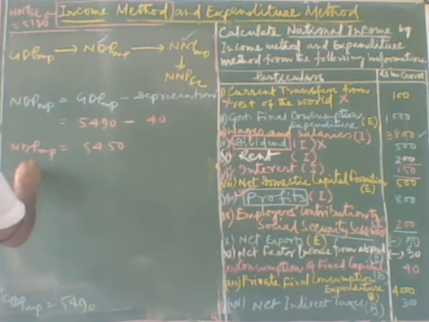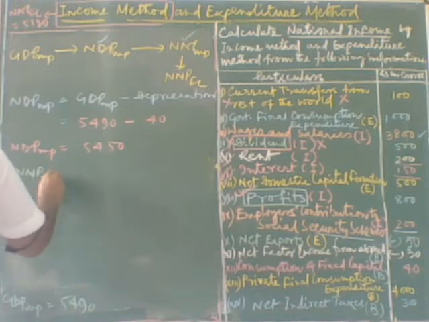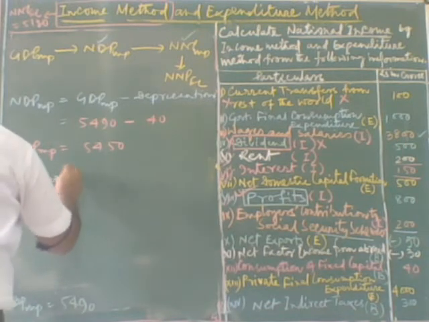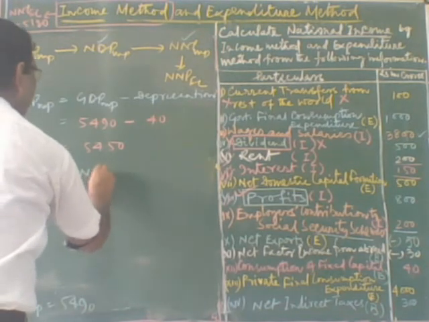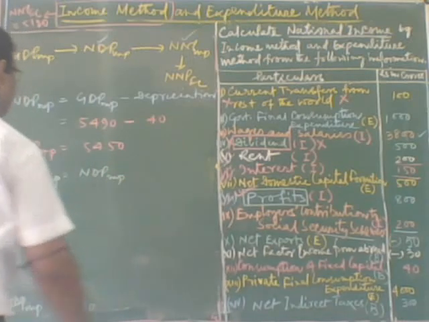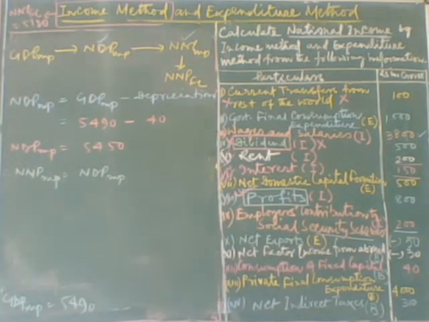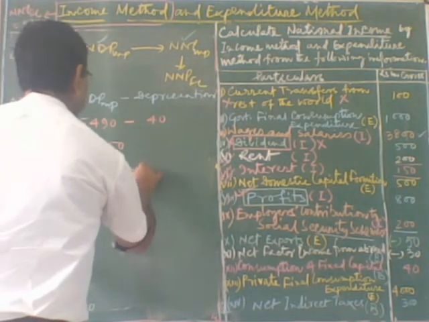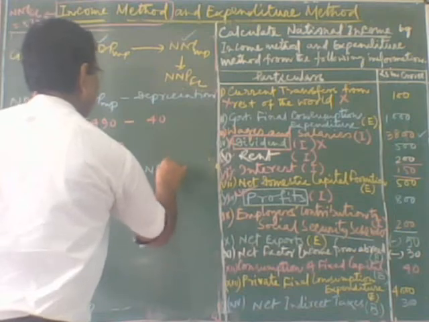Next, you have to calculate the value of NNP market price. NNP market price is equal to NDP market price plus NFIA. The relation between national and domestic, the bridging component, is NFIA.